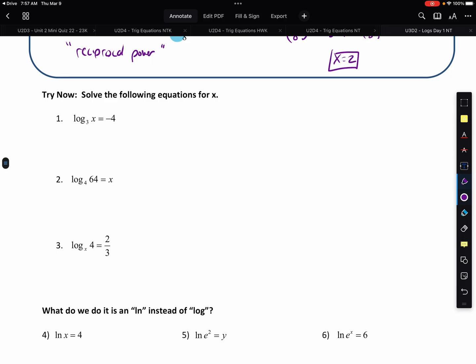All right, so if we do these, I'm solving for the argument, convert and solve. All right, solving for that answer, change of base problem.